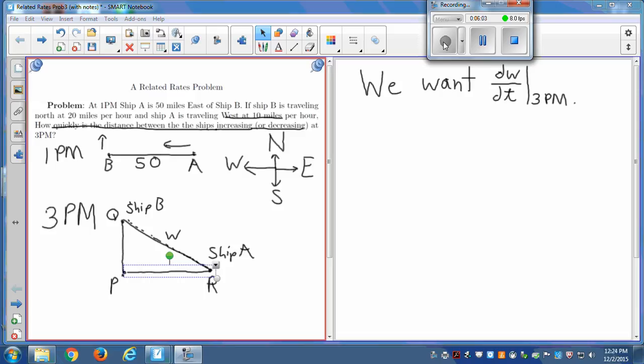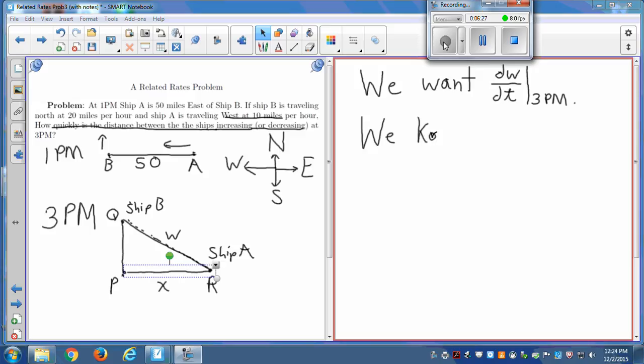We'll call the length of this line X. And since ship A is traveling west at 10 miles per hour, we know that dx/dt is equal to negative 10.